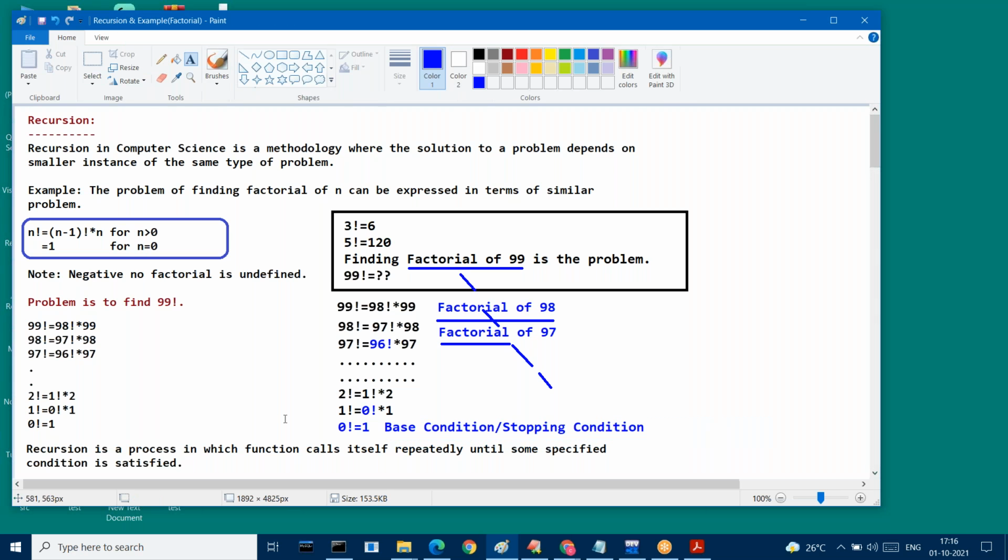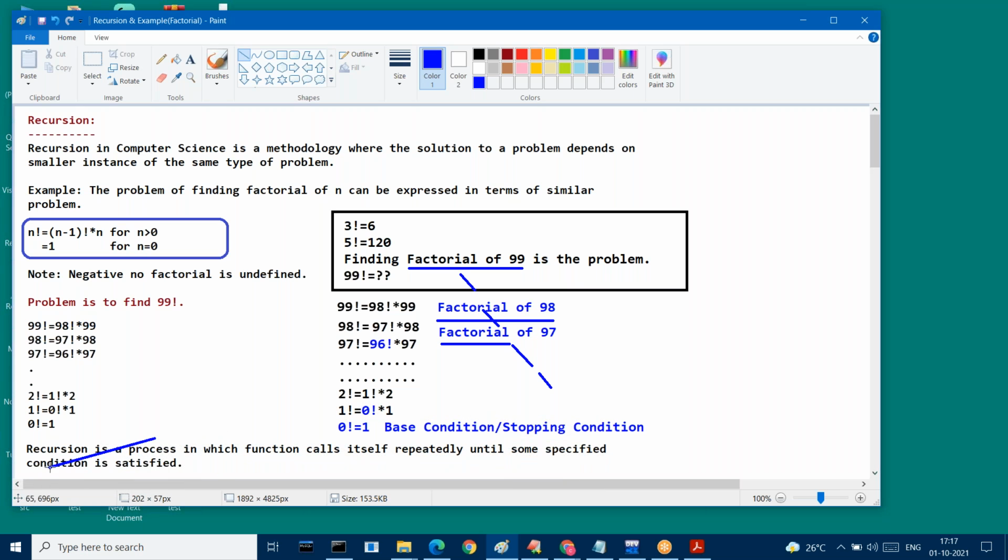You read this line: recursion is a process in which a function calls itself. Why itself? 99 factorial calls 98 factorial, so it is factorial to factorial. It is calling itself. And repeatedly. How long? Until some specified condition is satisfied.